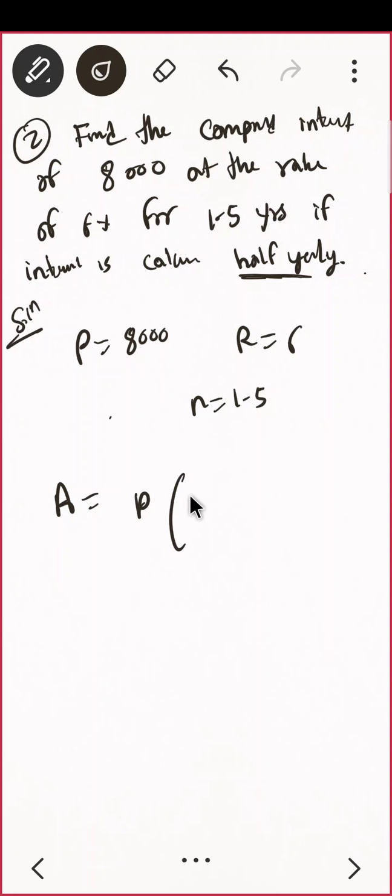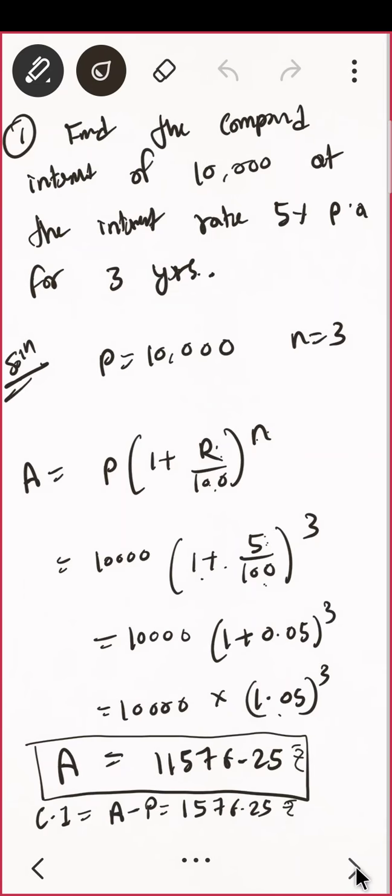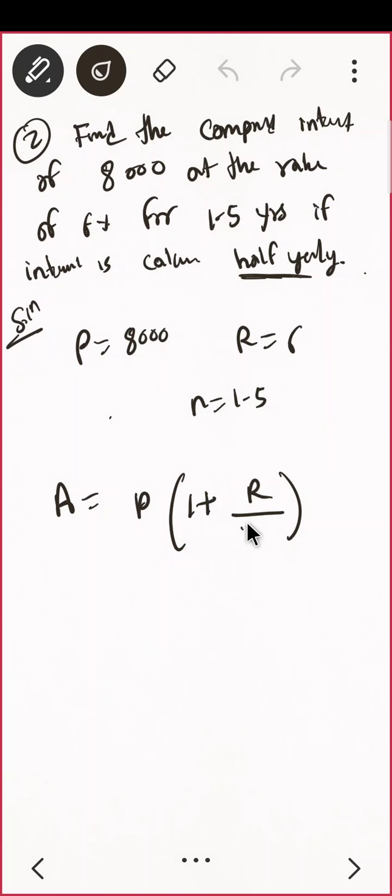So it will be 1 plus R upon, what do I write here? Do you remember this table? Half yearly means R upon 200 raised to 2n. Quarterly means R upon 400 raised to 4n. Monthly R upon 1200 raised to 12n. So here it will be R upon 200 raised to 2n. Is that clear to you?